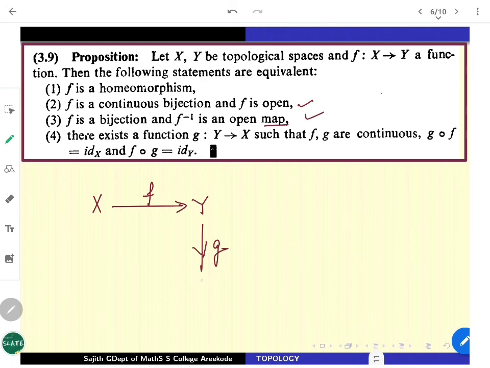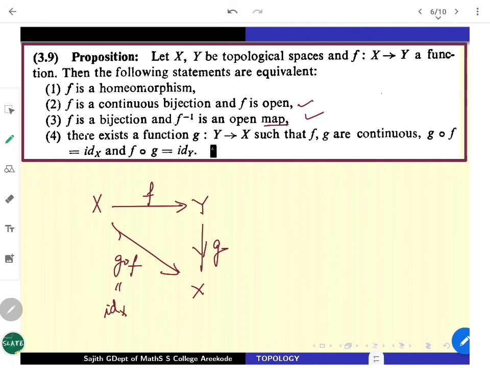If there exists a function g from y to x, then look at the composition g dot f. So g dot f will work from x to x, and it says g dot f is going to be the identity function on x. Such a g exists.